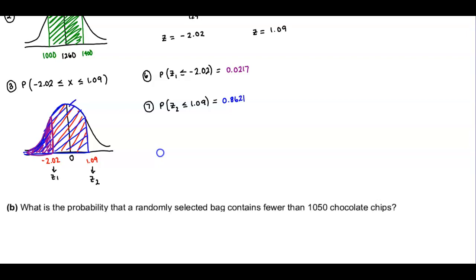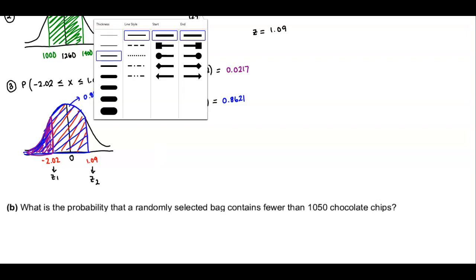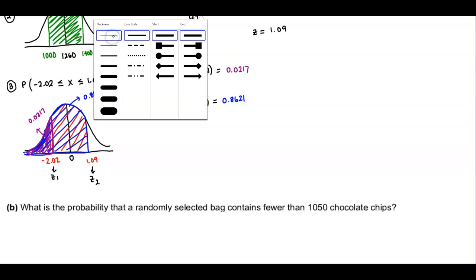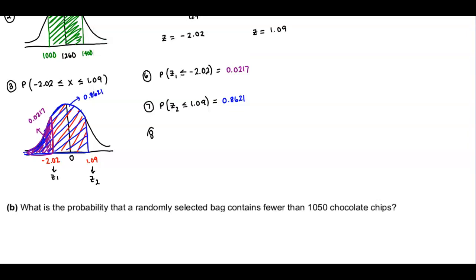So the entire area that we have in blue is 0.8621. And we know that the area in purple here is 0.0217.